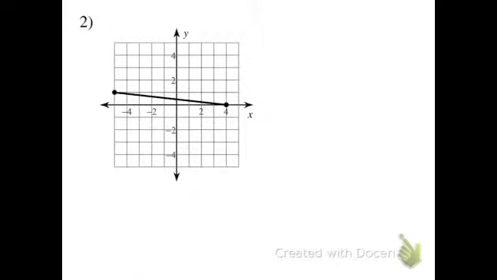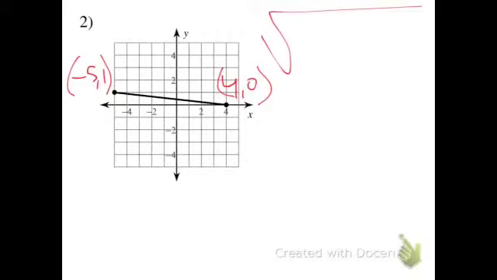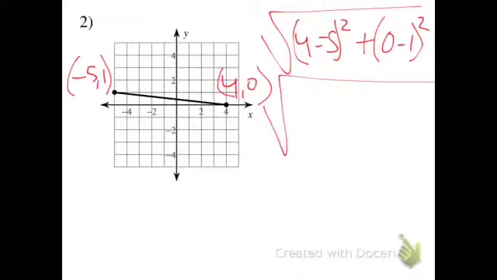Moving on to 2, this over here on the right side, that's x2, y2, has coordinates of 4, 0. Leftmost one, that's x1 and y1, has coordinates of negative 5, 1. I'm just going to use our equation again. 4 minus negative 5 squared plus 0 minus 1 squared. 4 minus negative 5 is 9.